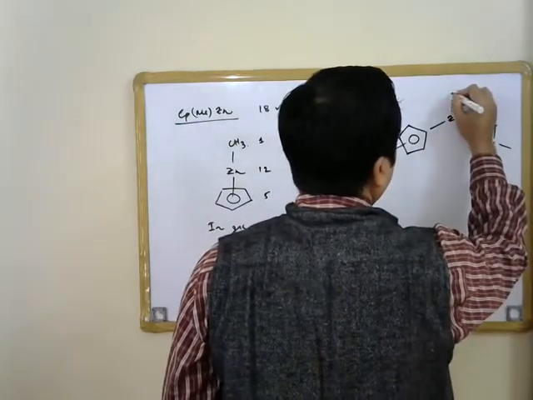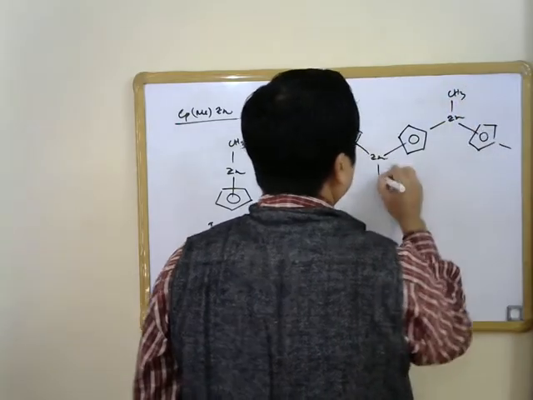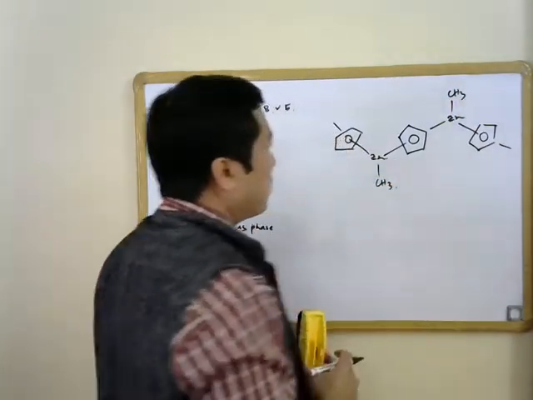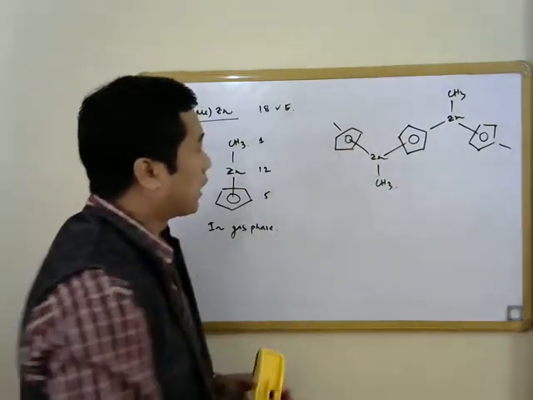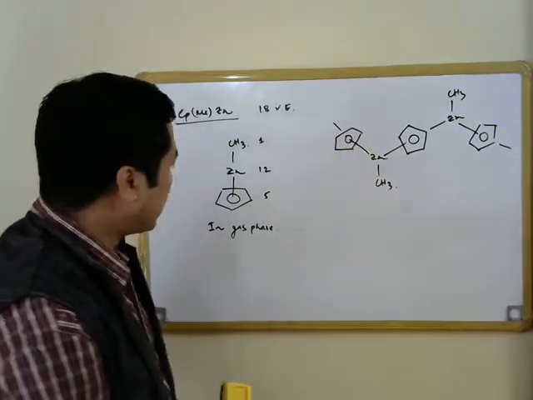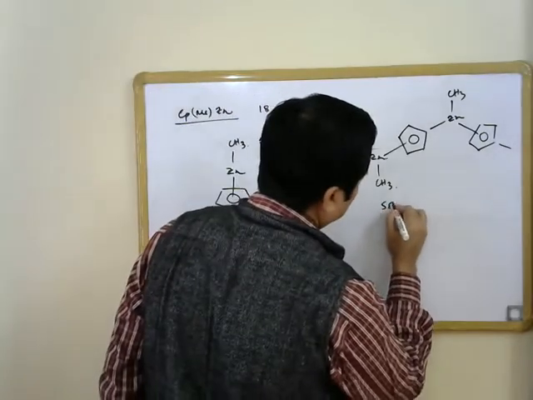That is how the Cp ligands bridge the zinc centers in this polymeric one-dimensional chain structure in the solid state of this compound.